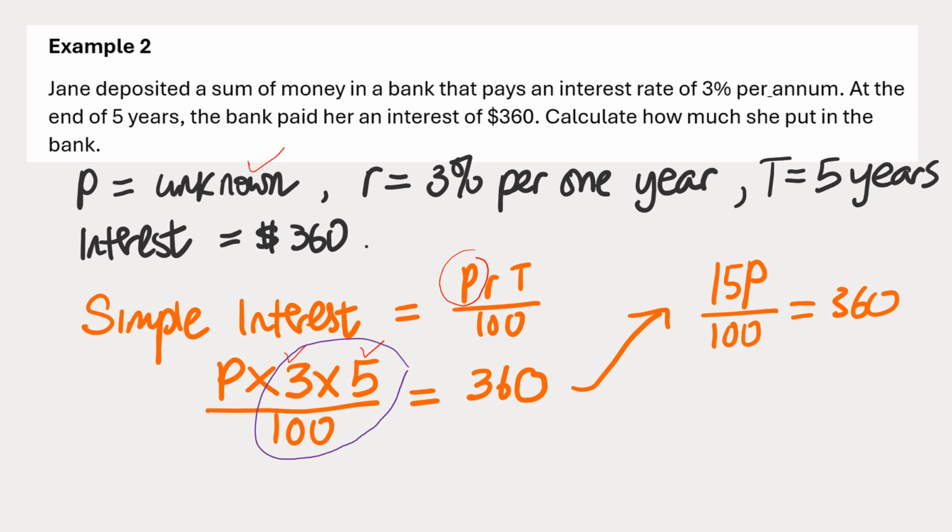Actually, initially you could have just used a calculator to work out this chunk that I've circled in purple. That will give you 0.15P equals 360. And then to find P, you just divide both sides by 0.15. And you will get 2,400 as the answer.